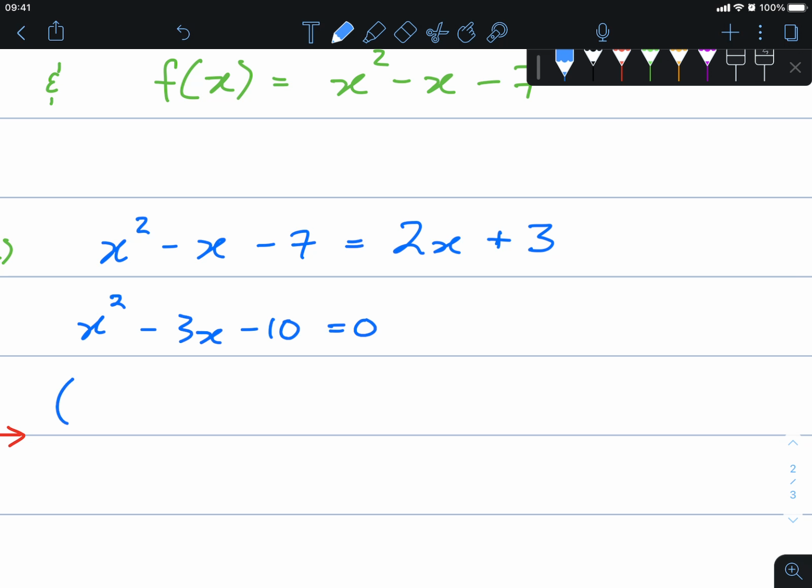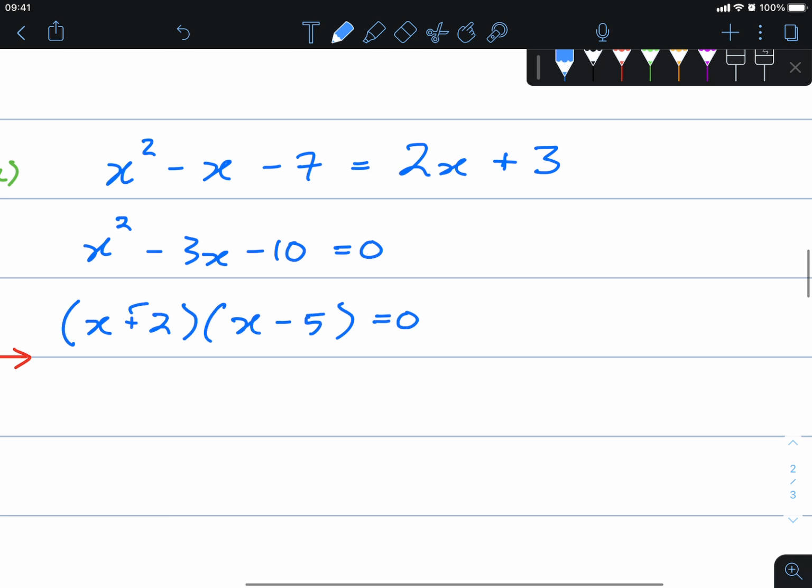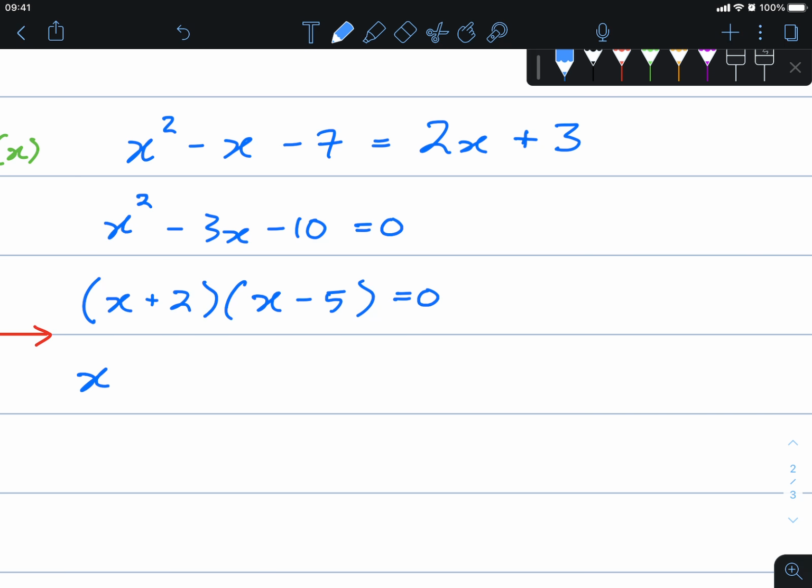Solving this by quadratic formula or whichever method you'd like, I'm getting factors of x plus 2 and x minus 5 equals 0. 2 take away 5 is negative 3. 2 times negative 5 is negative 10. So this factorization works.